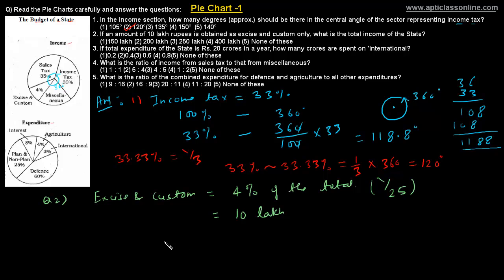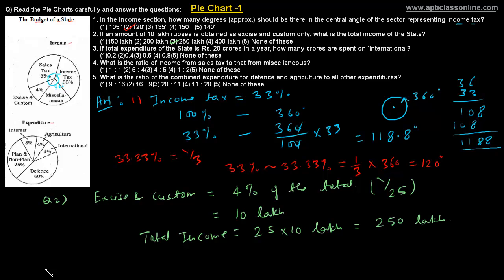So the total income will be obviously 25 into 10 lakh, that is 250 lakh. That is the answer. So 250 lakh, that means option 3. That is the answer to question number 2.